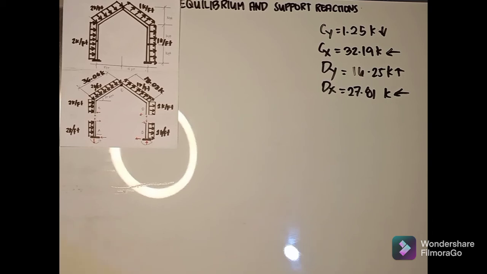Now that we know the internal reactions at CY, CX, DY, and DX, we're ready to find the unknown at portion AC.